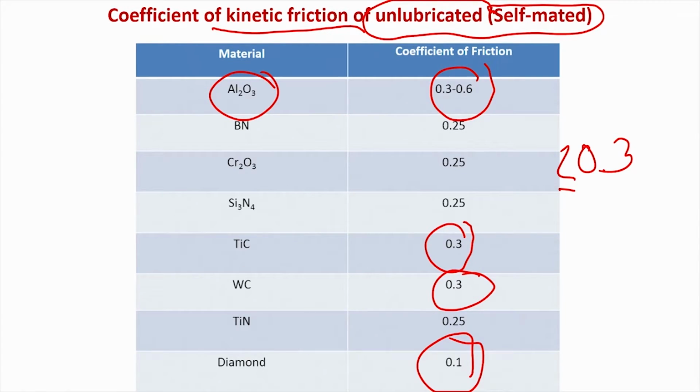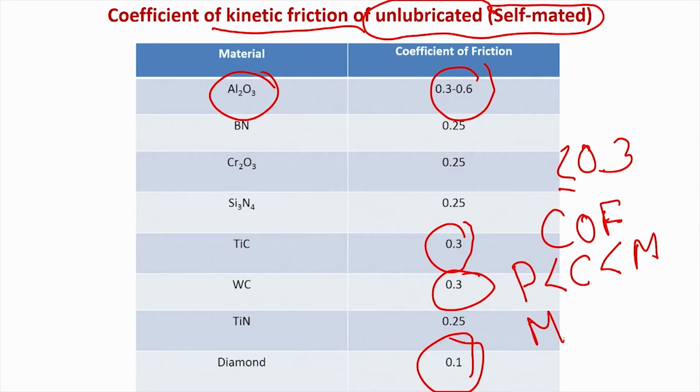So roughly it is less than or equal to 0.3, which is a typical coefficient of friction of most ceramic materials. If you rank in terms of coefficient of friction, polymers are much less than ceramics, and ceramics are less than metals; in other words, the coefficient of friction of metals is much higher than ceramics and polymers. It does not have any correlation with the elastic modulus, because going by elastic modulus, ceramic is higher than metal, higher than polymer.